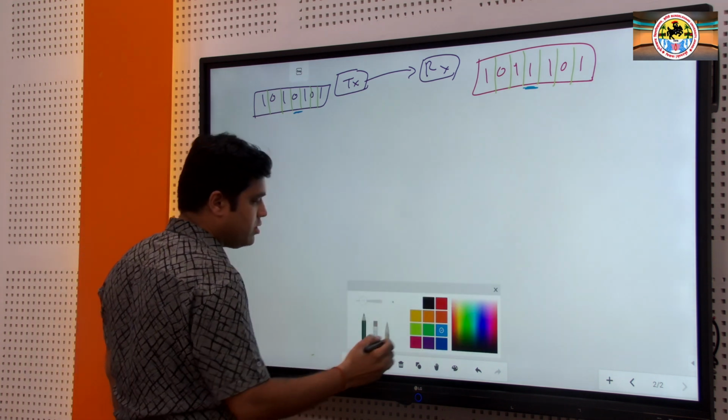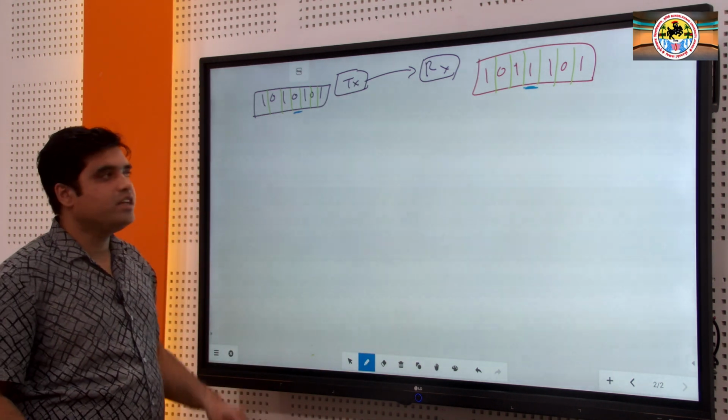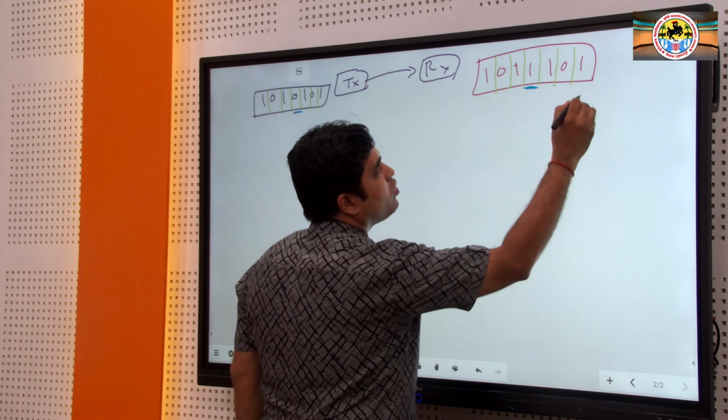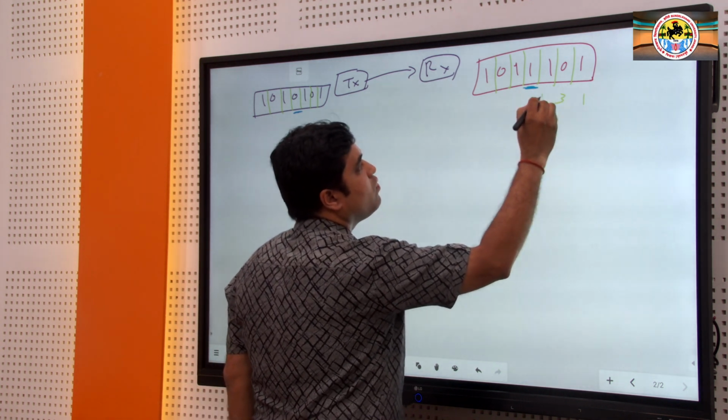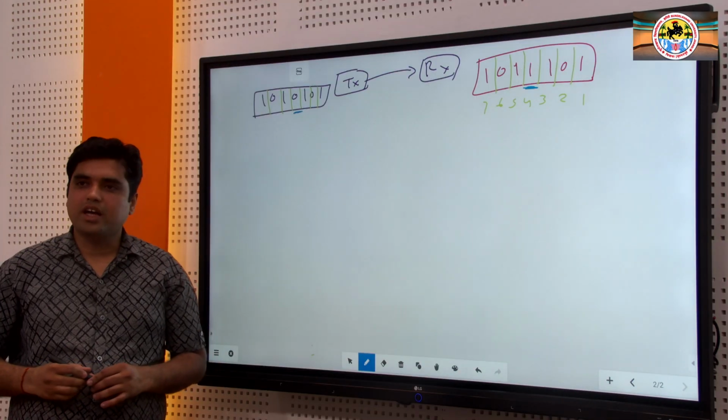As we have written the addresses of these cells, we write the addresses 1 2 3 4 5 6 7. The receiver end also knows the same procedure as the transmitter.